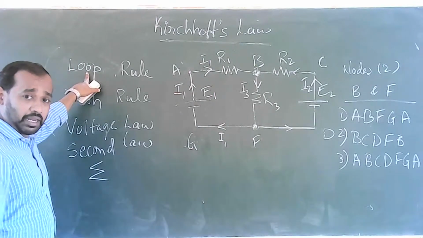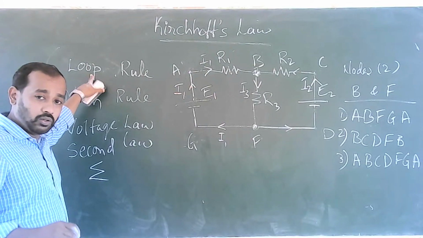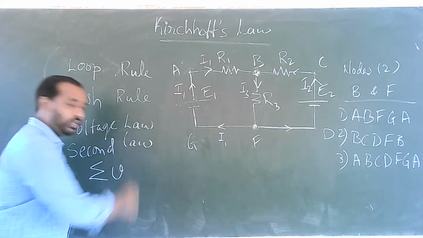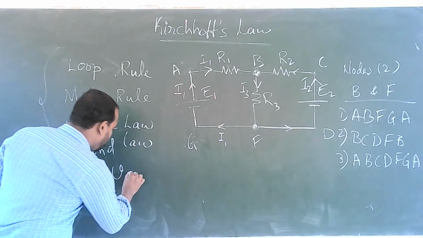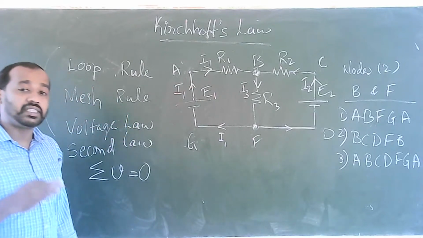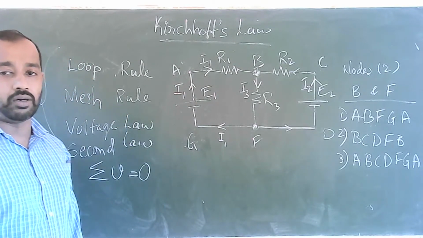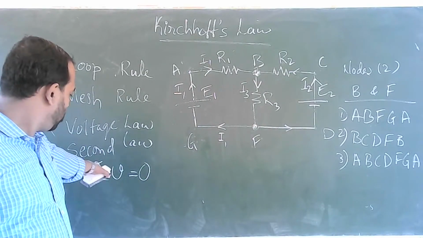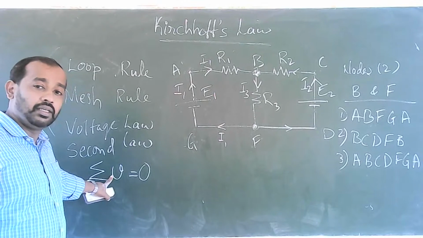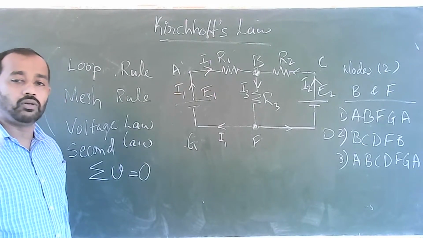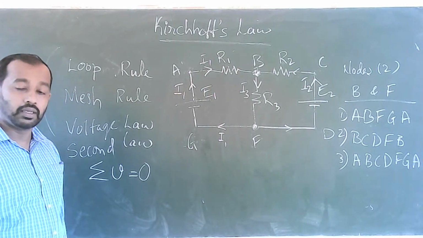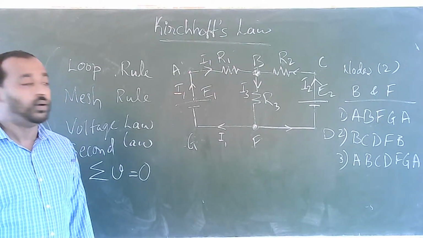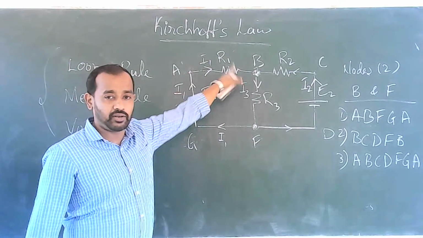Here is the same type of definition: the algebraic sum of the voltages in a closed loop is equal to 0. That's the statement of the Kirchhoff voltage law, also called the mesh rule, junction rule, or loop rule. Now the question is, there may be two types of voltages: one is EMF, the other is potential drop across resistors.